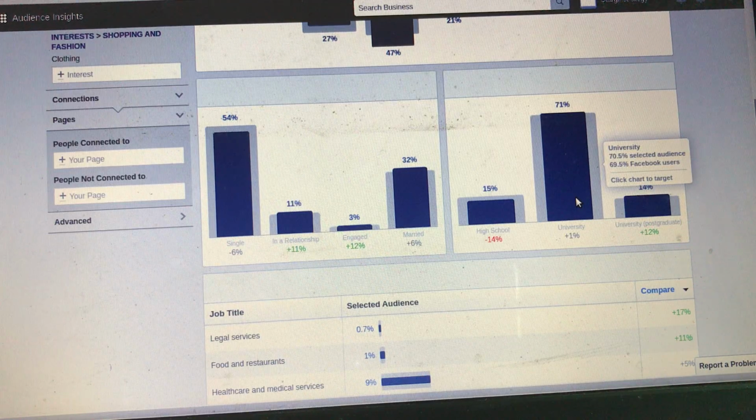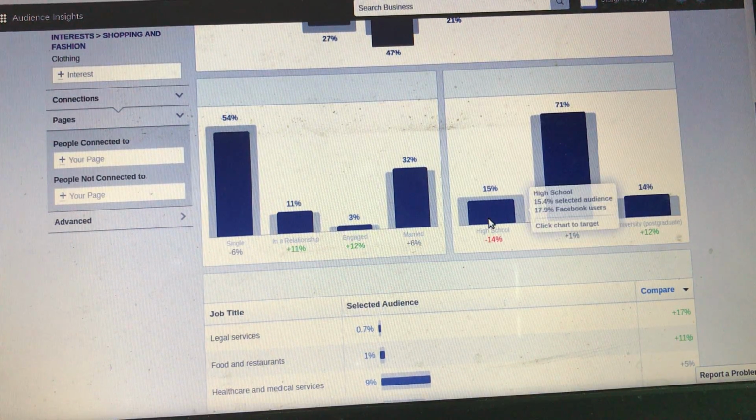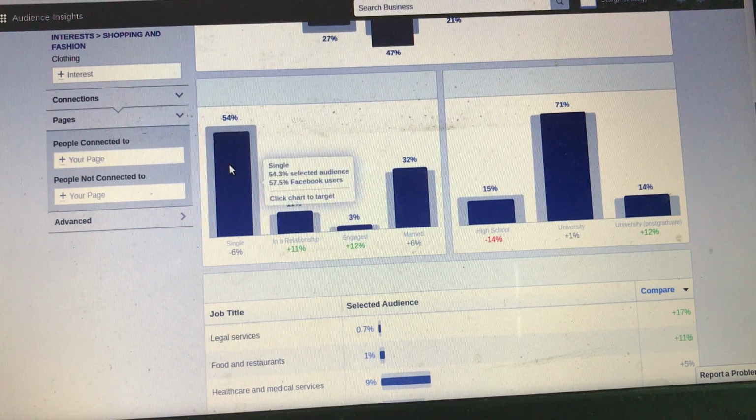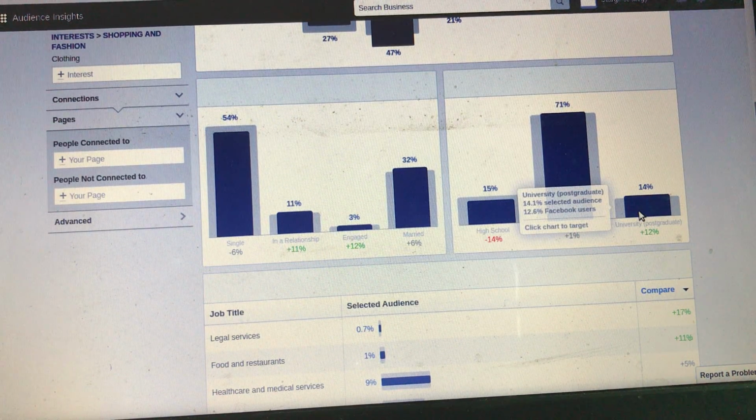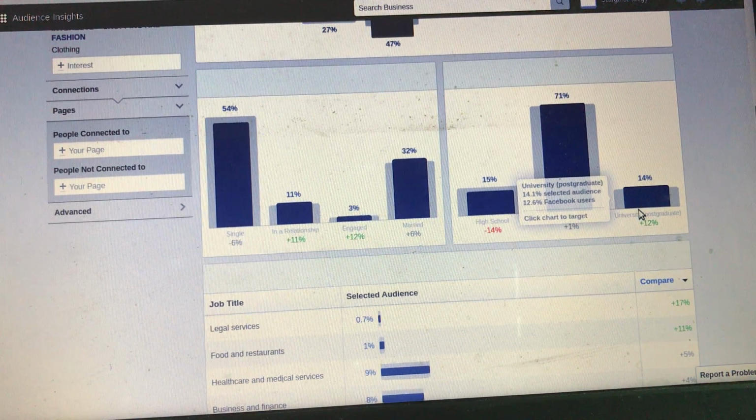So that means if you are targeting people who will buy your clothes, then you should be looking at people in the university, not high school, so to say, married people, single people, and university graduates. Let's say postgraduates, 14%. They are not really much.